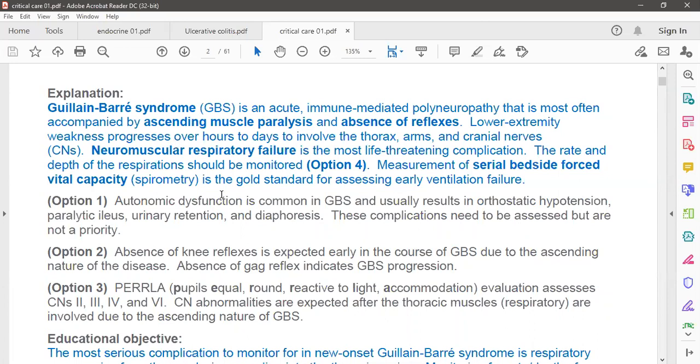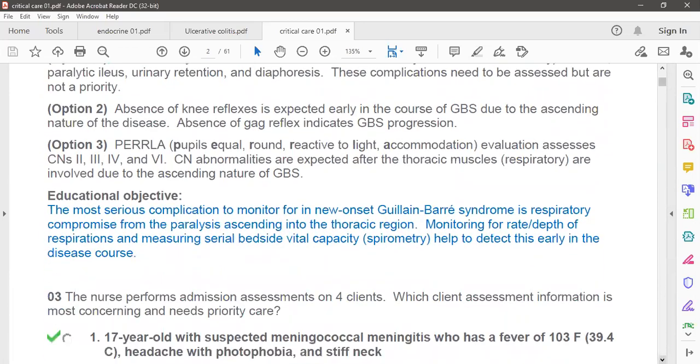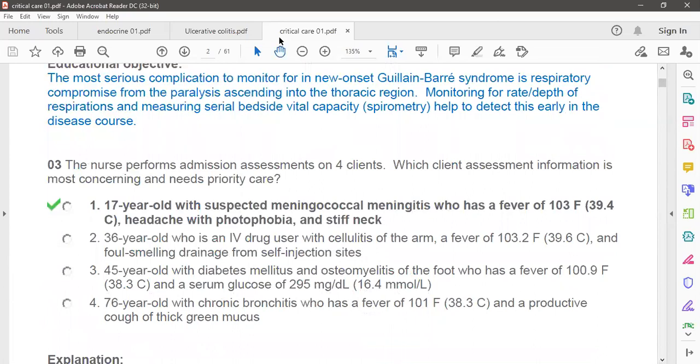What next about Guillain-Barre? The most serious complication to monitor for is a respiratory complication, from paralysis ascending into the thoracic region.